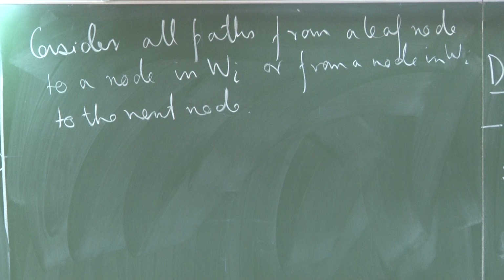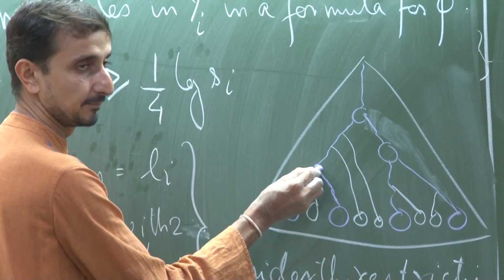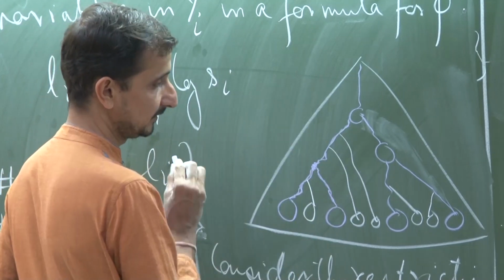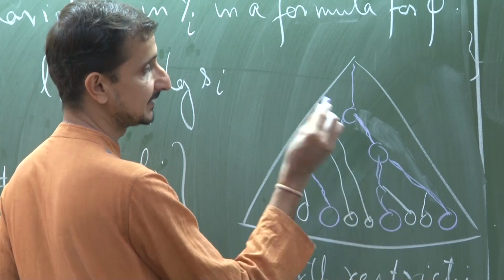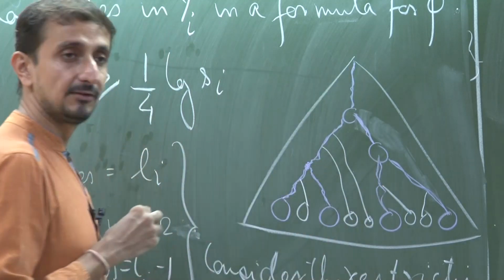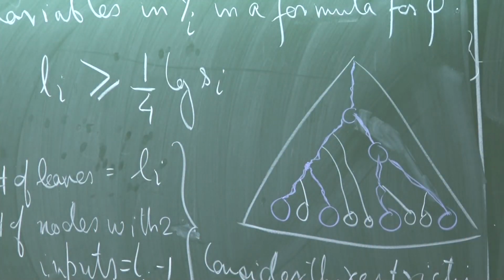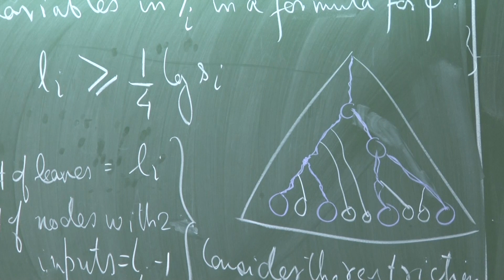Here I have a path from a leaf node to a node in wi. This is one path. Here I have another path, second. Here I have another path from here to here, third, fourth, fifth, sixth and seventh over here. So, look at all these paths present in this subtree. How many such paths are there?